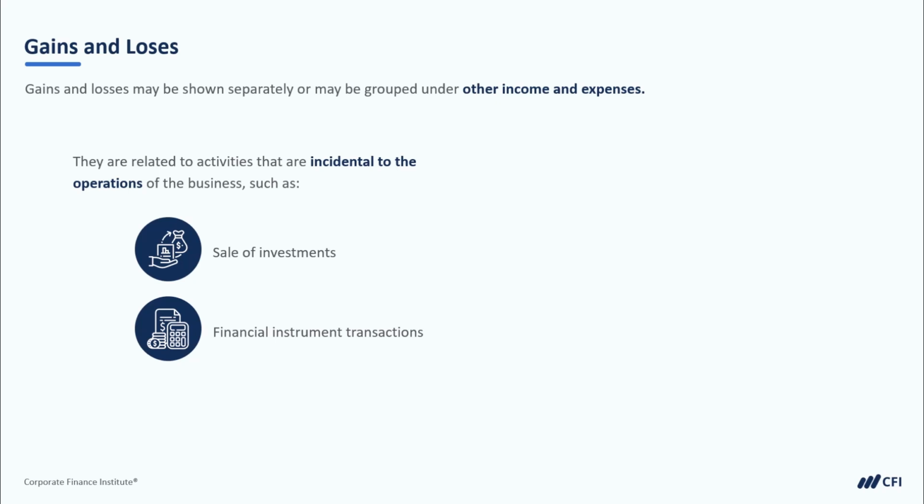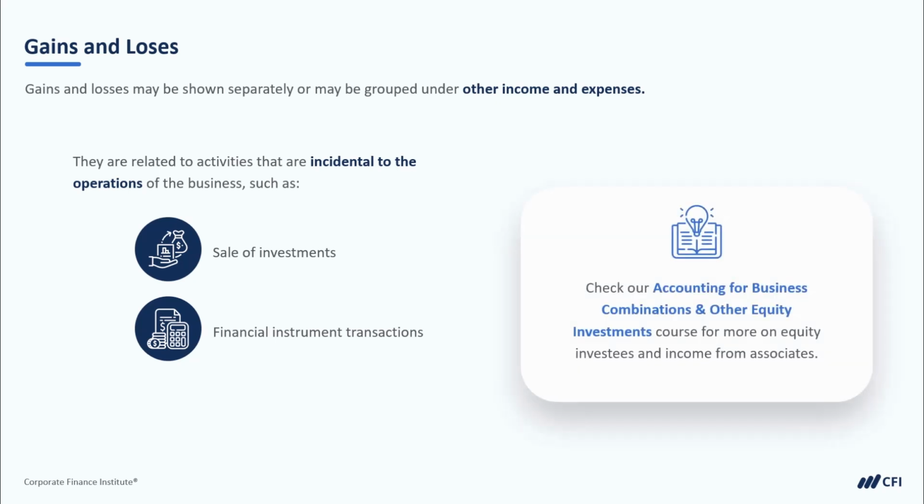Some companies will recognize income from equity investees, sometimes known as income from associates, also in this line. Now, recall we cover accounting for equity investments and business combinations in a separate course. So if you want to understand more about how income from equity investments is recorded on the income statement, check out that course.